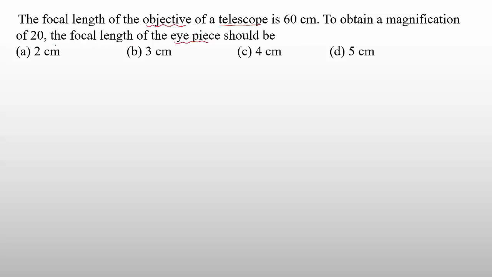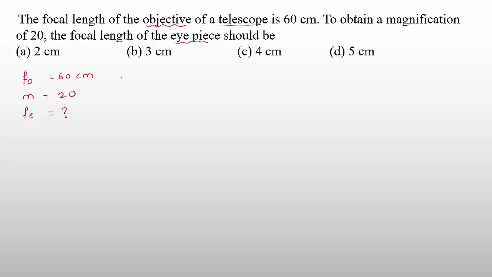Then the magnifying power of the telescope is also given. So we have to calculate the focal length of the eyepiece. So the focal length of the objective lens, denoted by FO, is given as 60 centimeter. Then the magnifying power M is given, that is 20. We have to calculate the focal length of the eyepiece, that is FE.